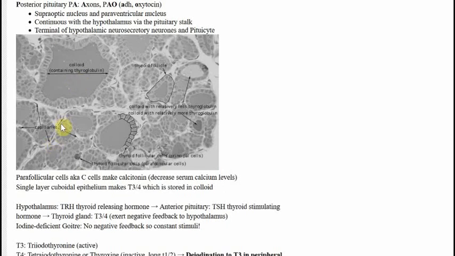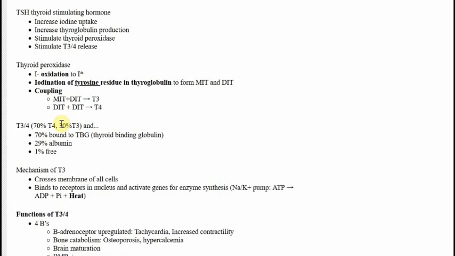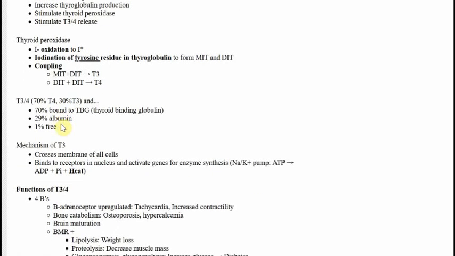Clear cells are involved in calcitonin production, which lowers calcium level. It controls the 4 B's, if you remember, so the metabolism, brain maturation, bone catabolism, and beta upregulation, the sympathetic response. The majority of thyroid hormone is T4, but the active one is T3.